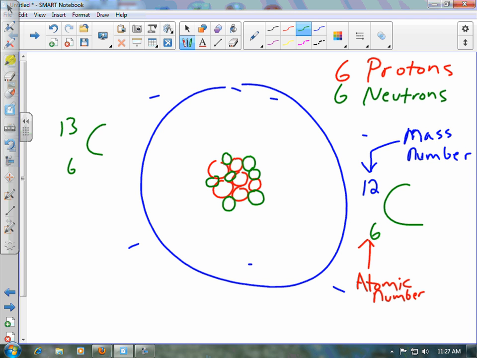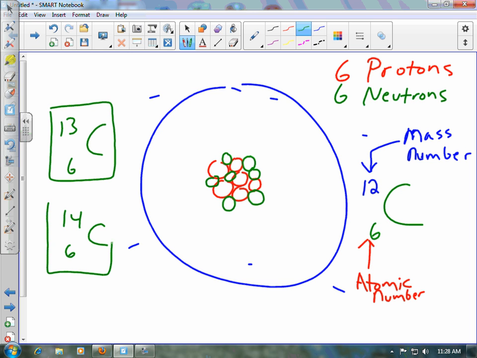So it's carbon, 6 protons, but now 7 neutrons. You can also have carbon 14, like that. And that's how you say that, by the way. This is carbon 13. This is carbon 14.